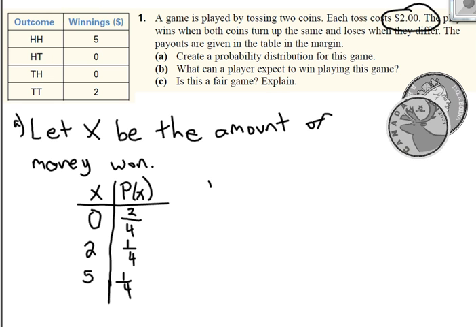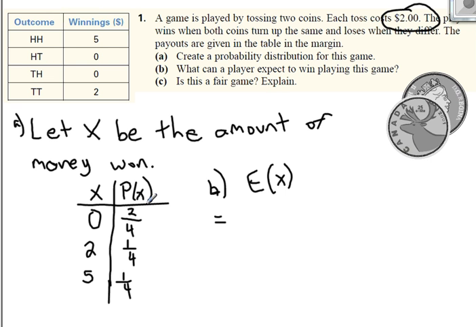Good. So B says, what can a player expect to win playing this game? So obviously, because X represents money won, then I'm looking for the expected value of X. And again, expected value really means the average over a long period of time. So the average over 1,000,000 plays of your amount of winnings.